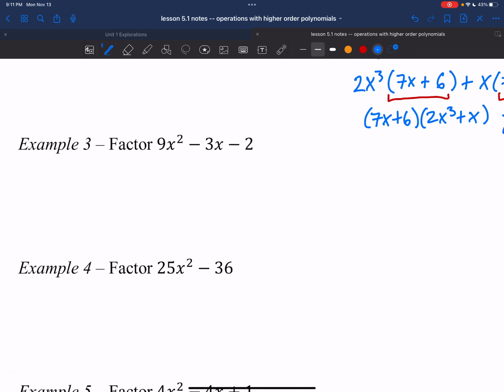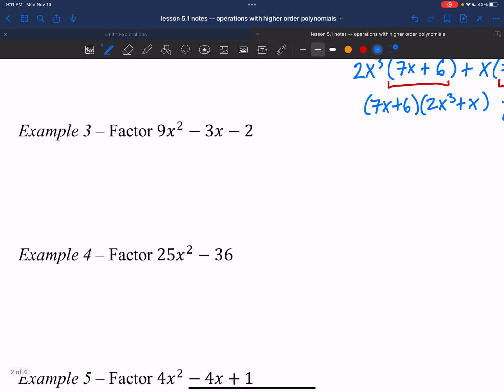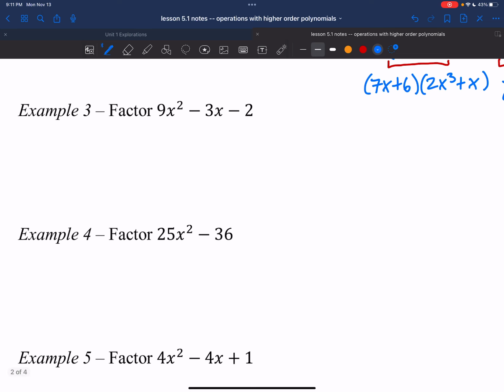I've got to factor 9x squared minus 3x minus 2. So this is just a traditional standard form quadratic, right? We just use these little X puzzle things. 9 times negative 2 is negative 18, and then negative 3 is down here. So what, 6 and 3? But 6 is negative. I wanted to switch colors.